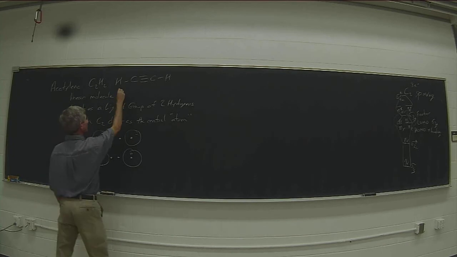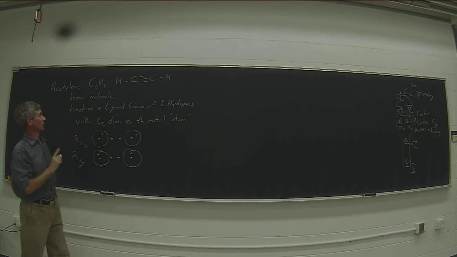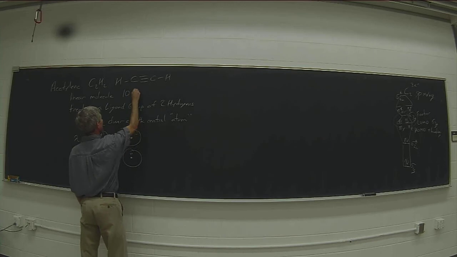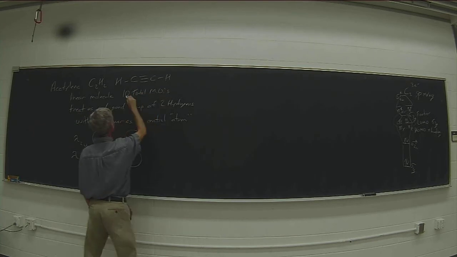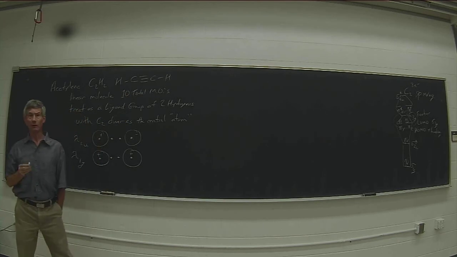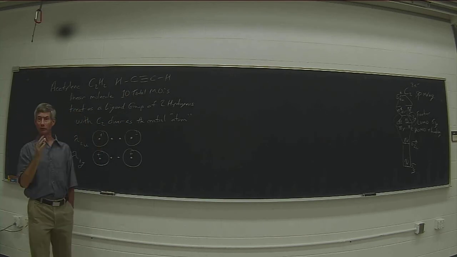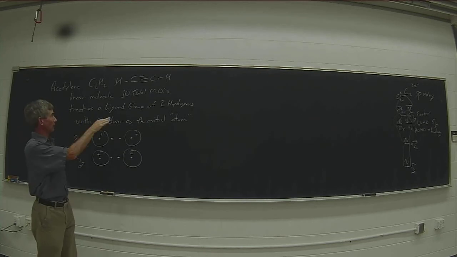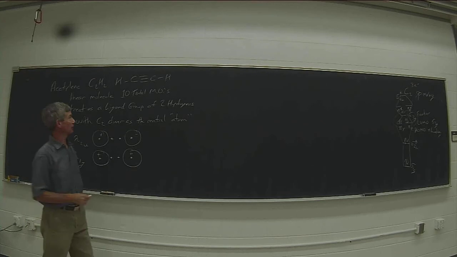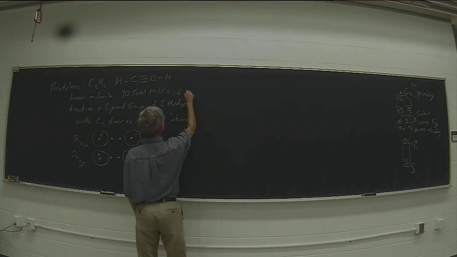We know that because each hydrogen brings 1 orbital and each carbon brings 4, there will be 10 total molecular orbitals. And we know that because it's a linear molecule, the two 1s orbitals, the two 2s orbitals, and both of the px orbitals will be along the bond axis, the x-axis. So there'll be 6 sigma orbitals.